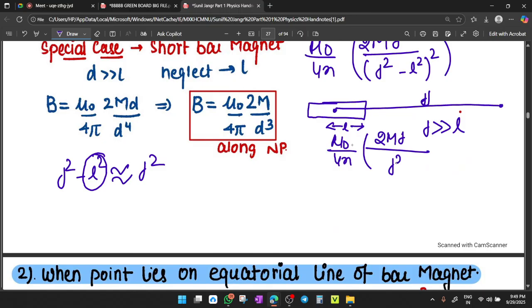So here it will be (d square) whole power 2. So mu naught upon 4 pi into 2Md divided by d to the power 4. Now one power gets cancelled out and it will be d to the power 3, right?